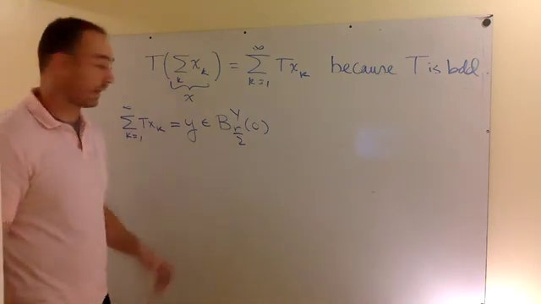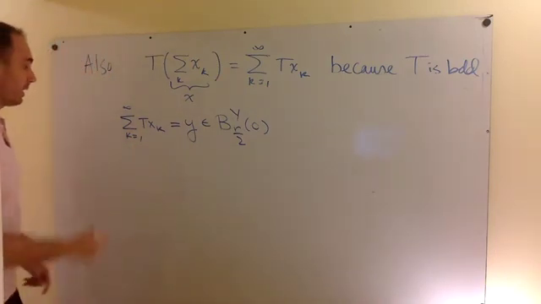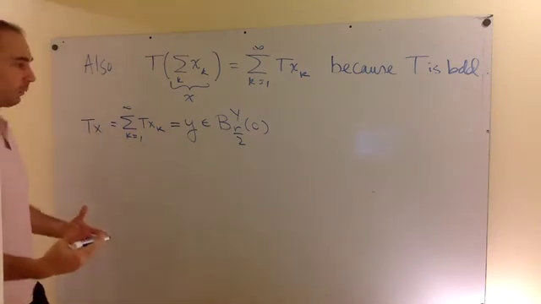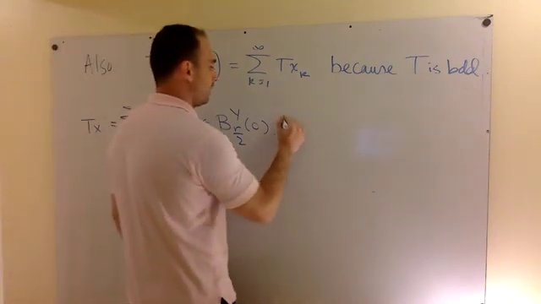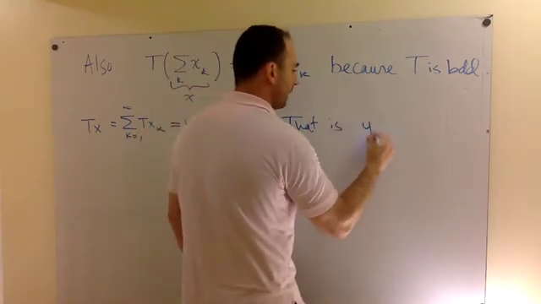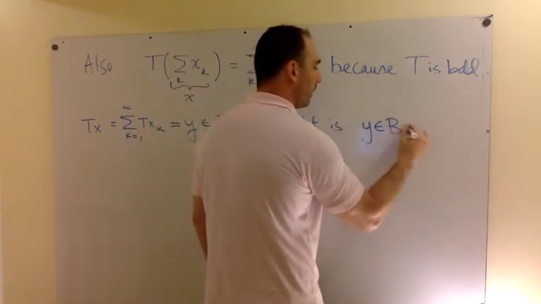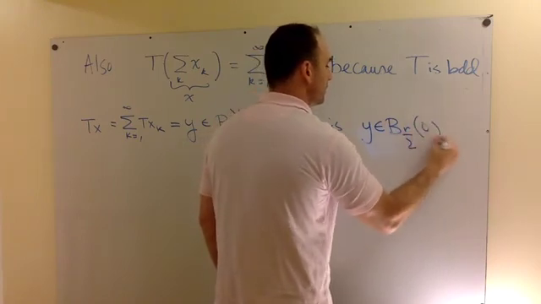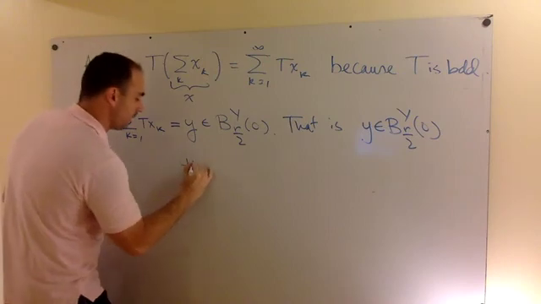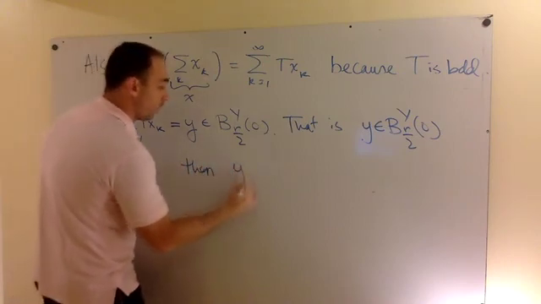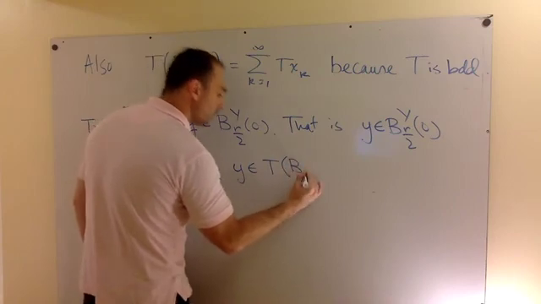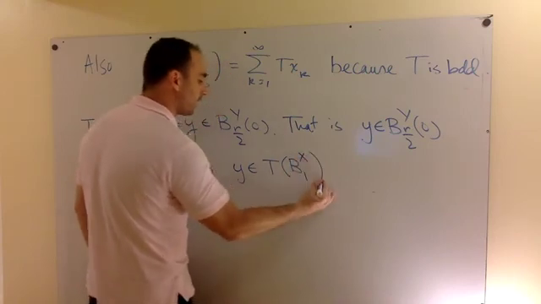On the other hand, this is equal to T x, i.e. what I've just shown is that if y is in the ball of radius r over 2 centered at 0 in Y, then y is in T of the ball of radius 1 around x.